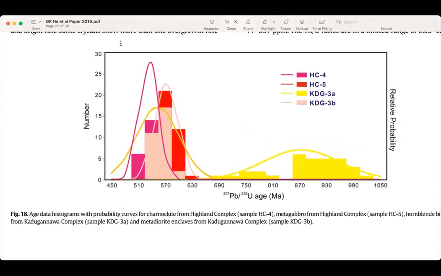So once we get this data, you can make a histogram with these ages and find out which is the dominant age. Here you can see the dominant age is around 570. In this population, it gives a dominant age at 570, and the upper intercept ages and crystallization ages of all zircons will give you some other dominance, which is above 800 Ma.